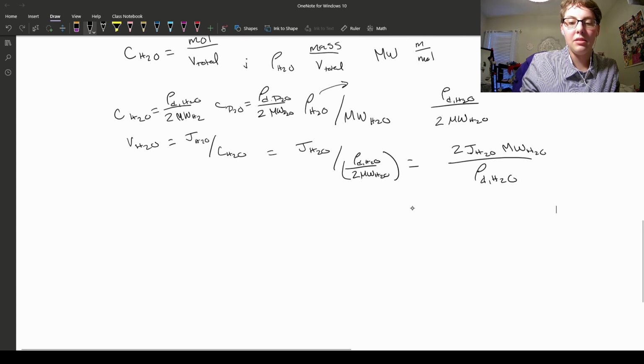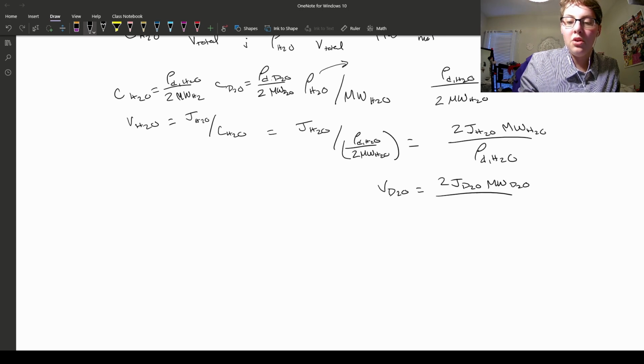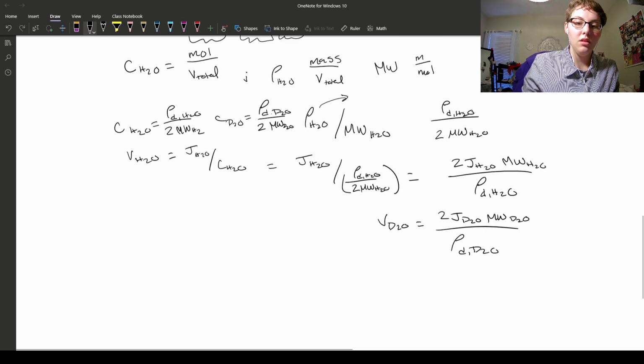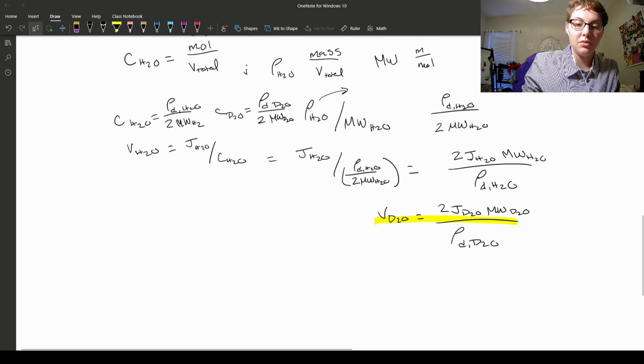And once again, the same can be said for the mass velocity of D2O. 2 times the molar diffusive flux of D2O times the molecular weight of D2O over the density of D2O. Awesome. So now we have both of those velocities for each of those.